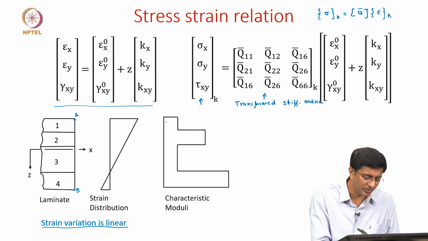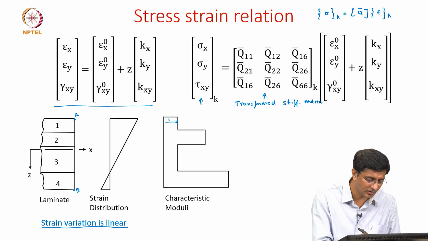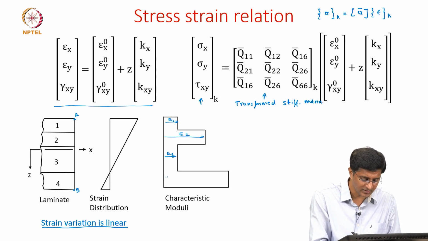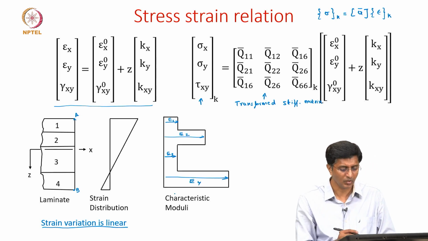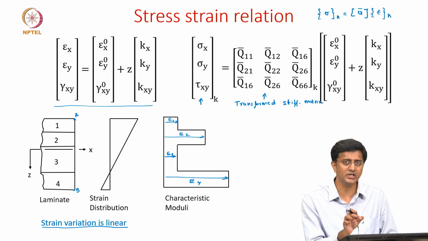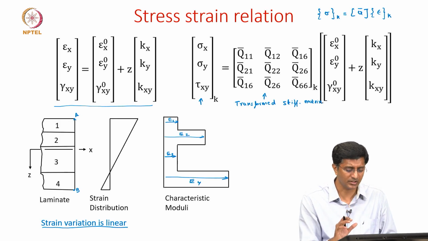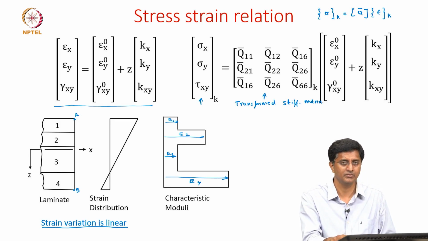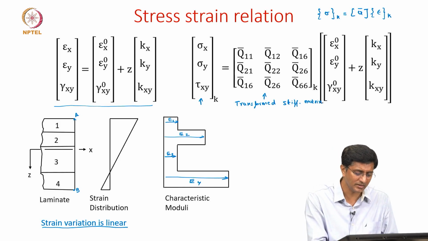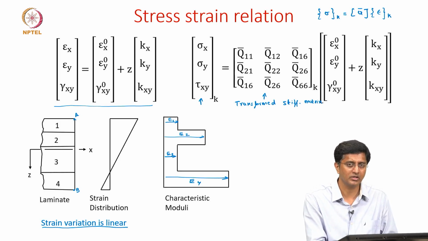So the modulus can vary because let's say for material 1 this value is 1, for material 2 it is slightly more, and for material 3 this is slightly less, and for material 4 maybe it is much more stiff. Meaning at each layer we are saying the stiffness properties are different. But how did we get stress? We got stress by multiplying the stiffness matrix times the strain. Meaning in each layer it will still remain linear.